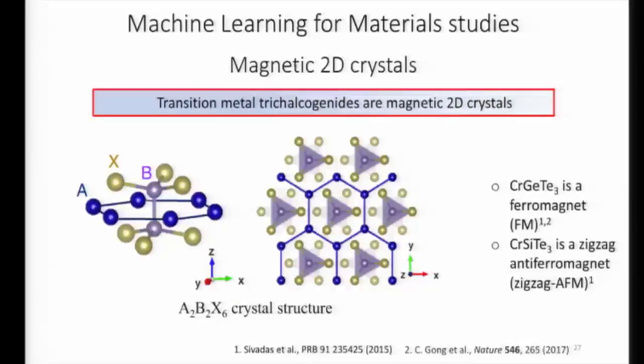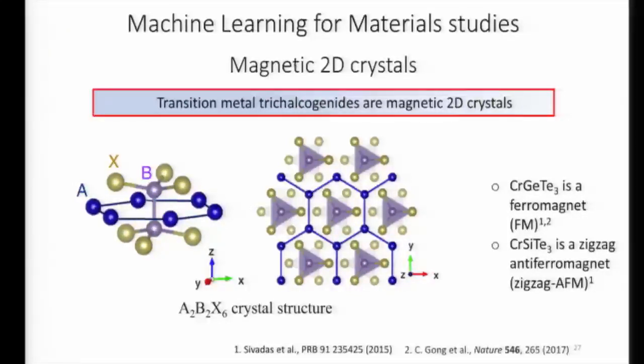Chromium sites sit on these A sites. The germanium atoms sit on the B sites. The tellurium atoms sit on the X sites, 3 above the plane and 3 below the plane. And if you look here, the chromium atoms form this hexagonal lattice, which is decorated by germanium and tellurium atoms.